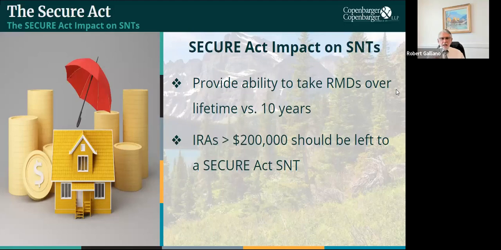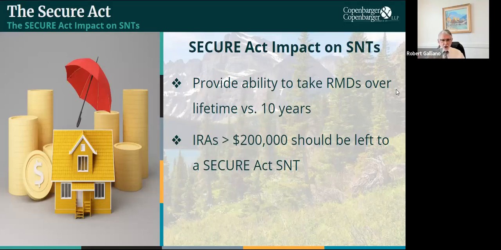You're called an eligible beneficiary, and a special needs child would qualify as a disabled person who then could qualify to continue to take out smaller payments from an inherited IRA over their life.